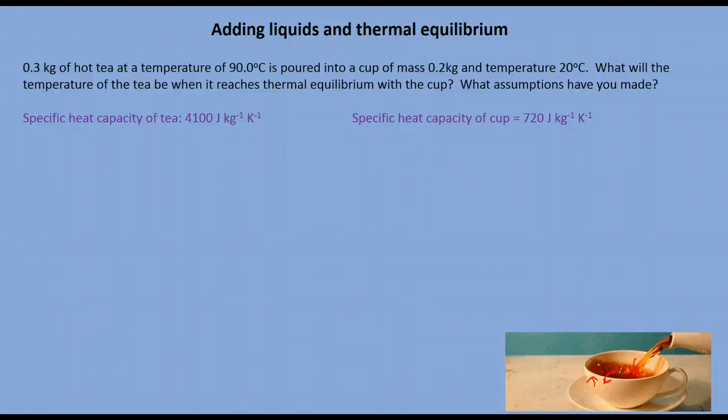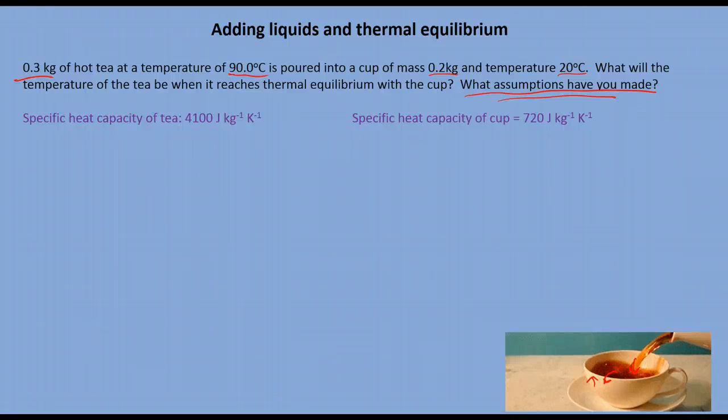We have 0.3 kilograms of hot tea at a temperature of 90 degrees C being poured into a cup with mass 0.2 kilograms and a temperature of 20 degrees C. It wants to know what the temperature will be when it reaches thermal equilibrium with the cup, and then, I'm underlining this so I don't forget to go back to it, it asks what assumptions we've made.